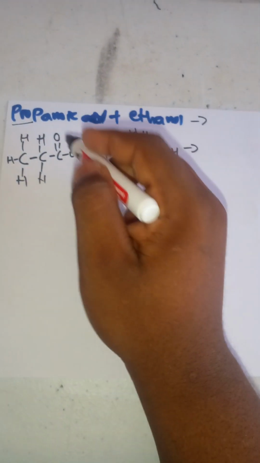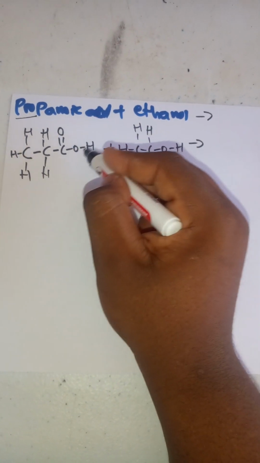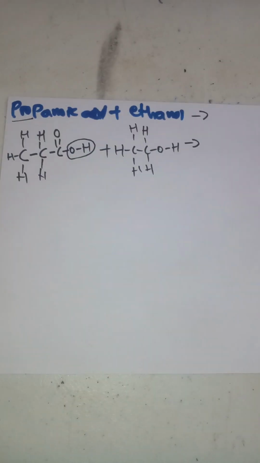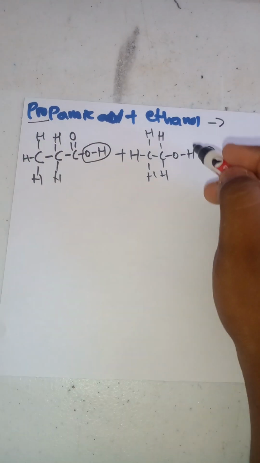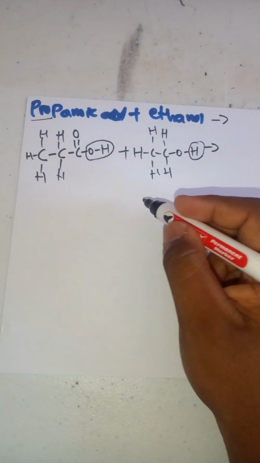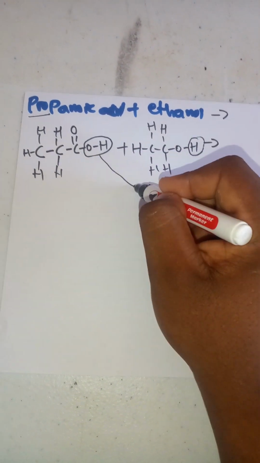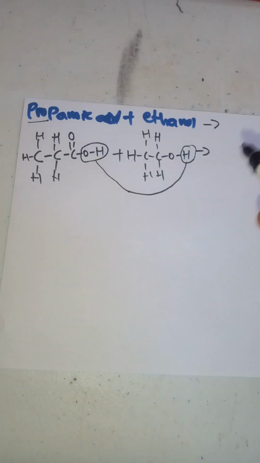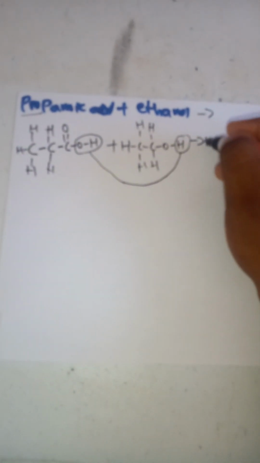Is it fine? So on the propanoic acid, or on the carboxylic acid molecule, we are gonna take the OH here, and then on the alcohol we are gonna take the hydrogen atom. So now this and this are gonna bond together there. Then we have H, H, H, H, C. But now what do we have there?